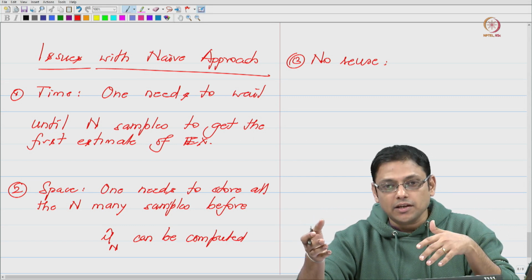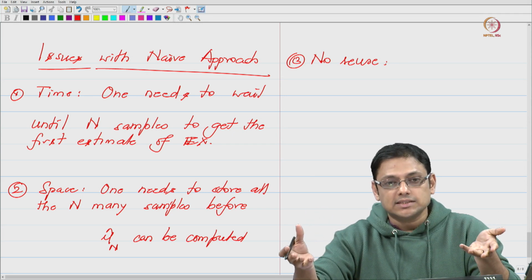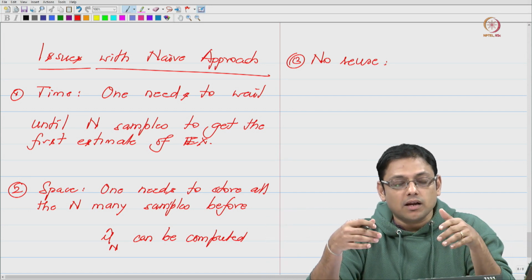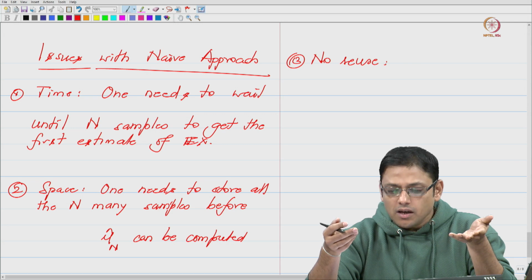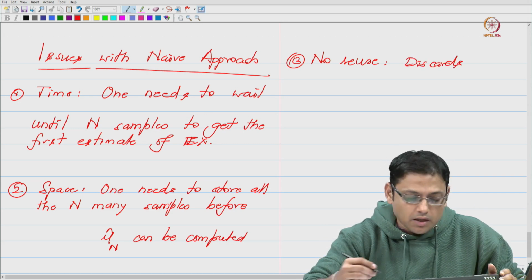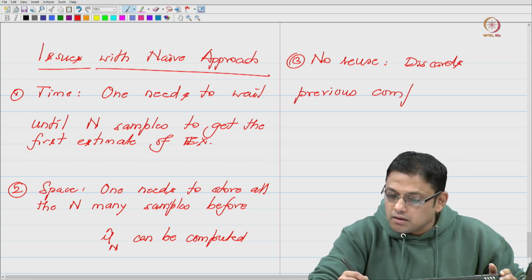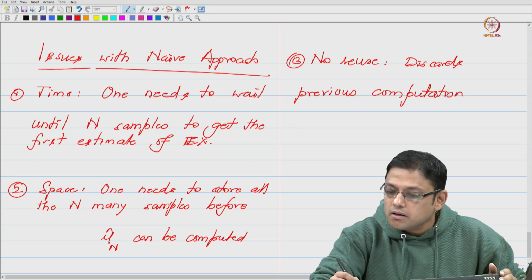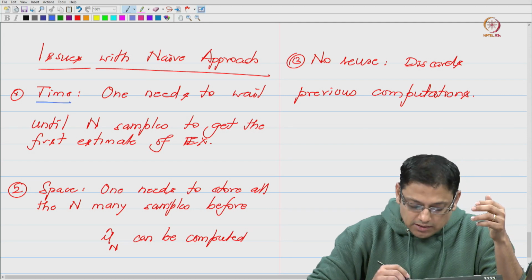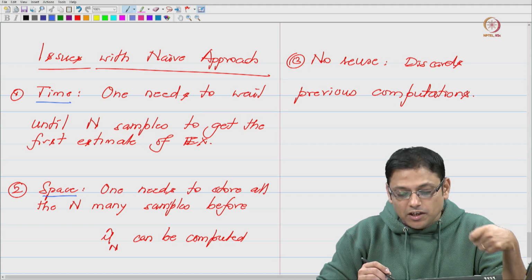Now let's consider a scenario where we get some additional 1000 samples. The approach says, take these 2000 samples together and recompute the mean. So in that sense, this naive approach discards previous computations. In this way you can see that this naive approach doesn't effectively use the samples.